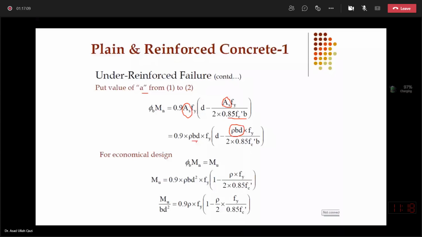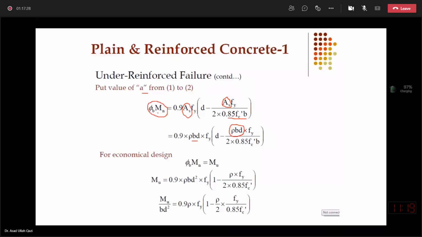And since it is the equation for moment resistance, I started from the internal capacity or moment resistance, phi Mn, nominal multiplied with the phi.